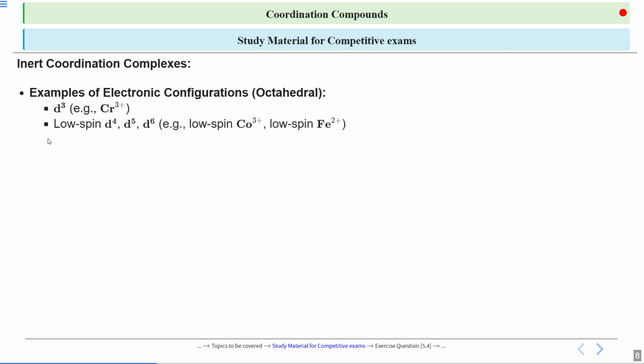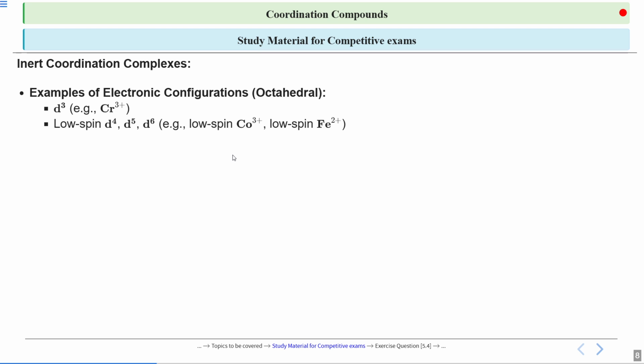Low spin d4, d5 and d6 configurations are present, for example, in low spin cobalt 3+ complexes and low spin iron 2+ complexes. Cobalt 3+ means cobalt's configuration is argon 3d7 4s2.